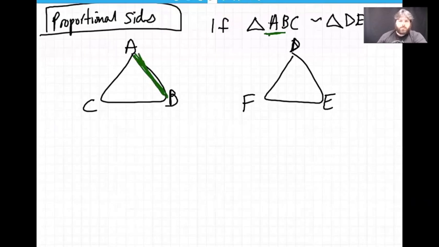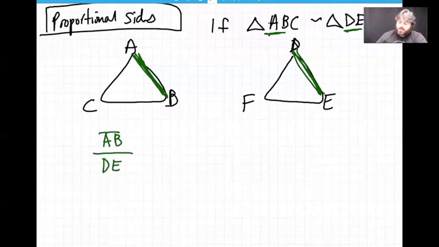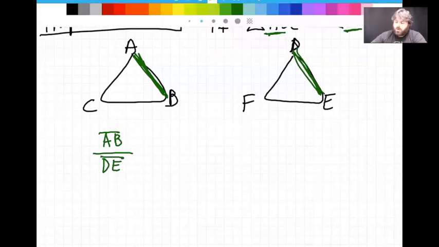Well, it should be proportional to DE because that's the first two letters here, DE. Now, I'm not saying they're the same size. They're not the same size. These are actually different size. But I know the proportion of AB to DE, this ratio, this number over a number, is going to be proportional, which means it's going to be equal, okay?